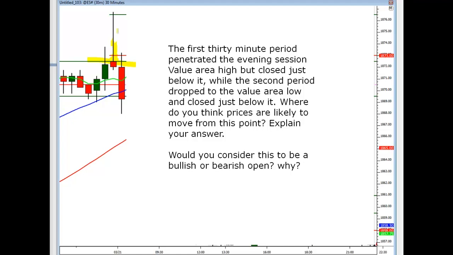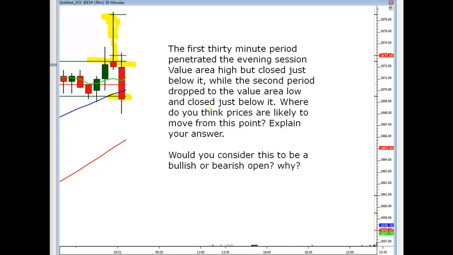So obviously it met significant resistance up here. You could see by this huge wick that sellers were up here, and prices were rejected when we tried to move above the value area high. Now, in the second 30-minute period, prices drop all the way back down to the value area low and close just below it.